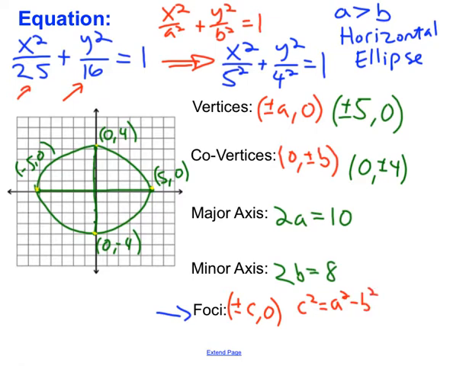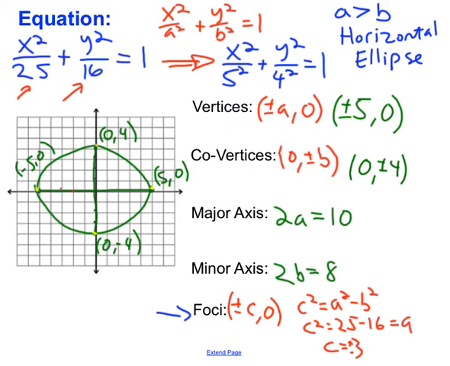So if we plug in a squared and b squared, which are just the denominators of the x squared and y squared terms, c squared is 25 minus 16, which is 9. So that means c must equal 3. And really, in this case, plus or minus 3, which is totally true, because that's what we end up putting in our places. So let's plot those points.